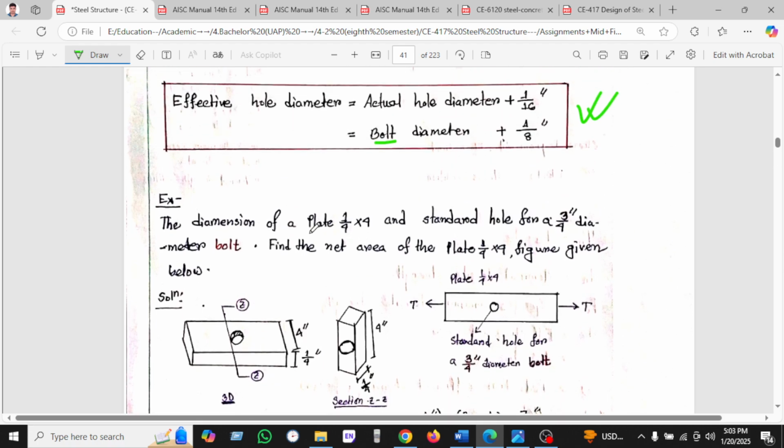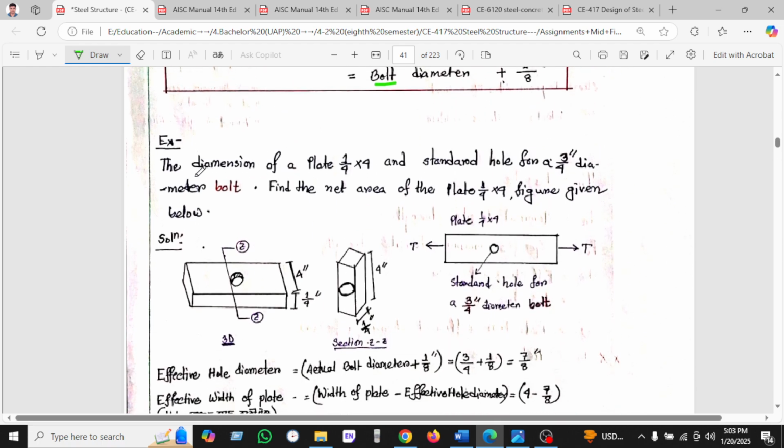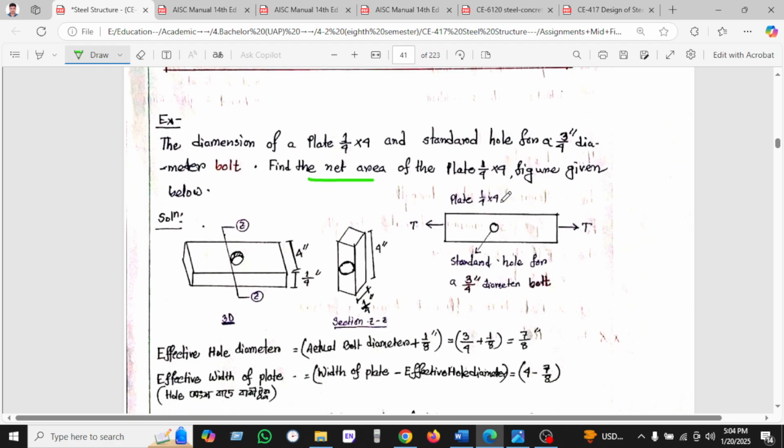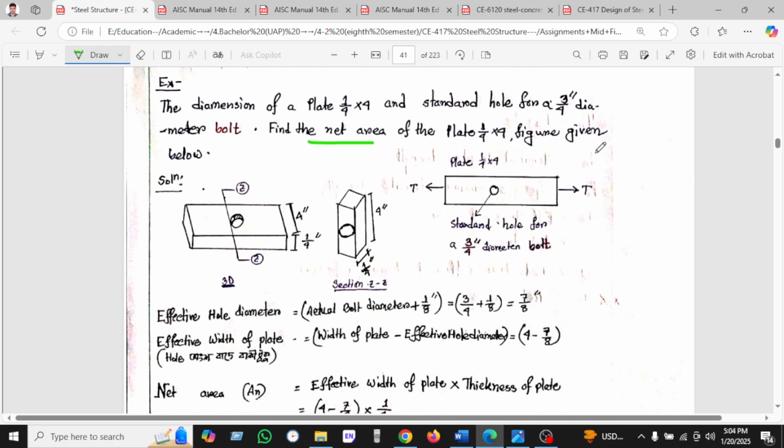So let's see an example. The plate is 1/4 inch thick, and the standard hole is for a 3/4 inch diameter bolt. Find the net area. So we have to calculate the net area of the plate, which is given as 1/4 by 4, and the figure is given there. We can see the figure and the net section is here, and the standard hole diameter is for a 3/4 inch standard bolt.